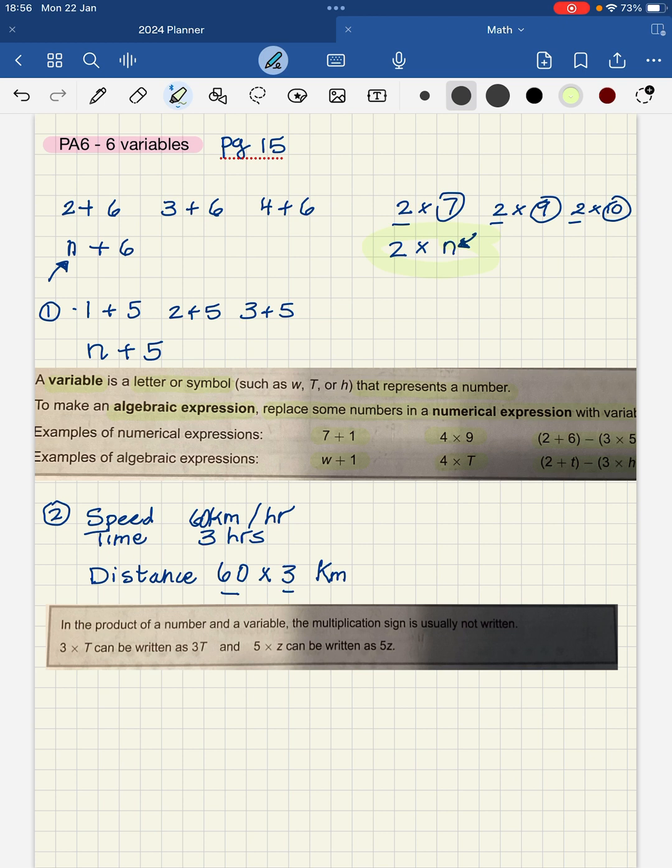The reason is that we use x a lot, so if we're using x times x, it's going to look very complicated, and there's going to be a lot of x's involved. So in algebra, instead of writing 3 times t, for instance, we would just write 3t. A number and a letter beside each other means times, okay? So 5 times z would be the same as 5z.